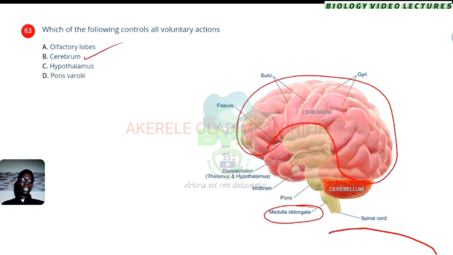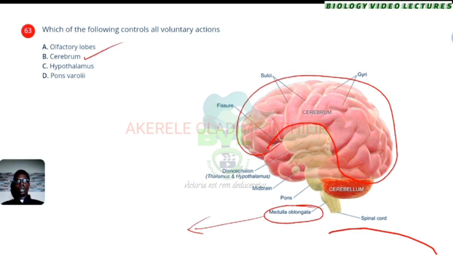And this is medulla oblongata, which controls involuntary action like heartbeat, breathing rate, swallowing, and some other things. Really, I believe that a part of swallowing is beyond your control, right? And a lot of other involuntary functions. That's what medulla oblongata controls. But cerebrum controls all voluntary action.